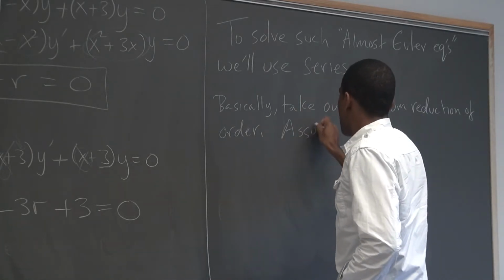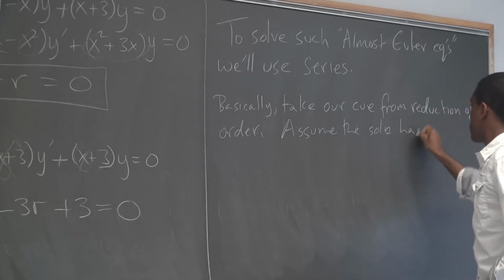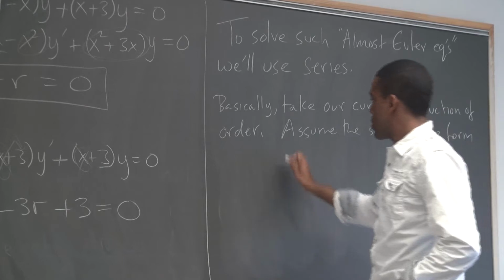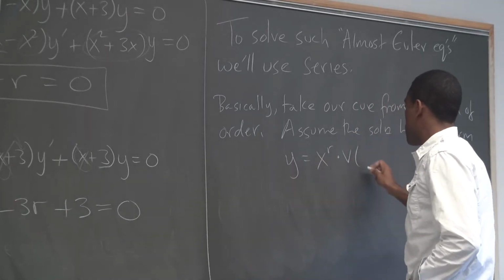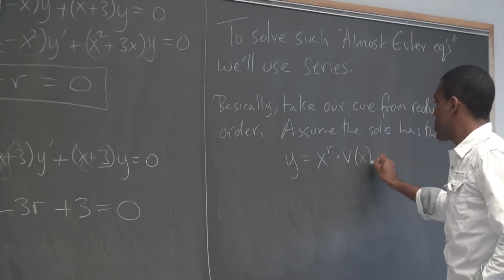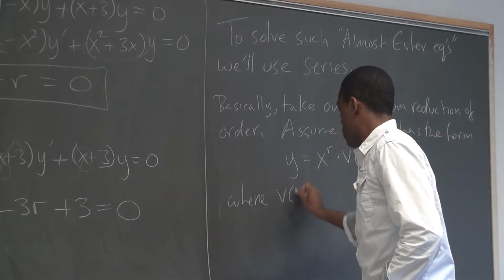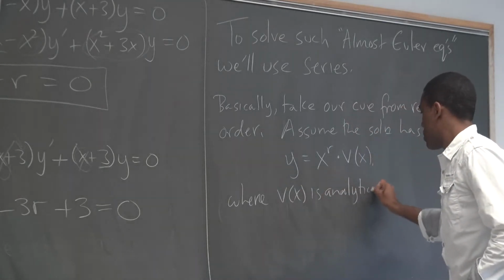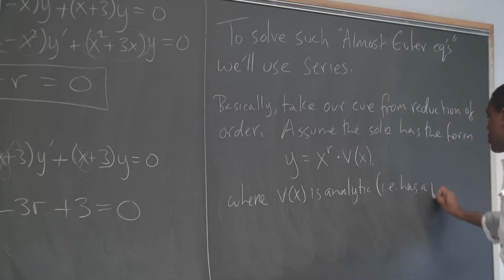Assume the solution has the form y equals x to the r times some v of x, where v of x is analytic, i.e. has a power series expansion.